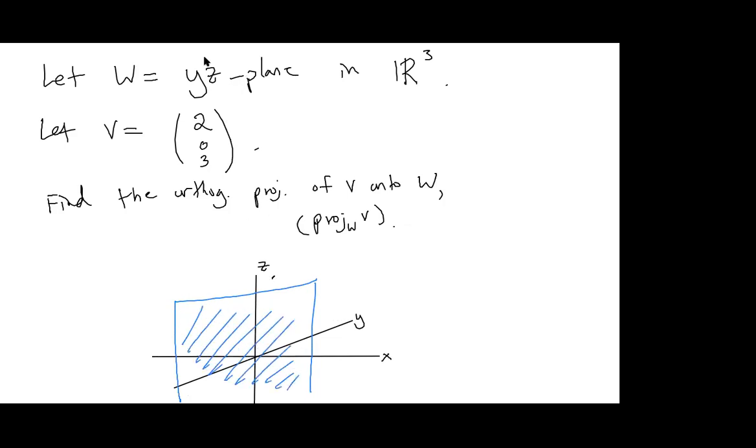Okay, and we have some vector coming out, (2, 0, 3). This is somewhat of a drawing. Okay. We have our orthogonal projection. And we have the vector orthogonal to it. Okay, more or less a picture.